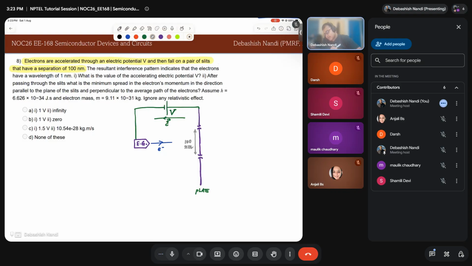Okay. Then let's proceed. The resultant interference pattern indicates that the electrons have a wavelength of 1 nanometer. Fine. So the resultant interference pattern, where do we see it? Let's say I have some kind of zinc sulfide or whatever it is, some kind of screen here.